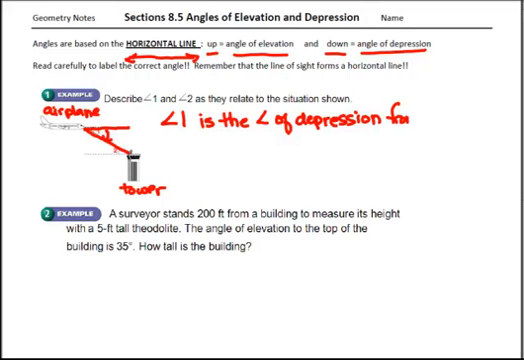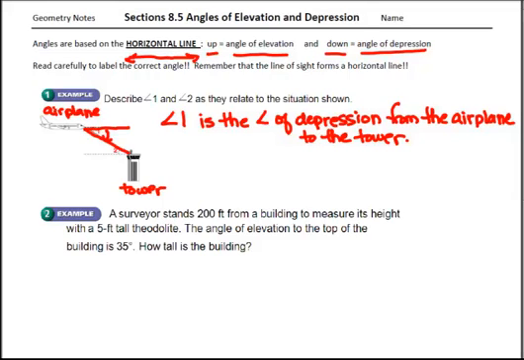From the airplane to the tower. Knowing the words from and to makes a difference as well. Or you can say angle 1 is the angle of depression to the tower. So be careful of your labels.